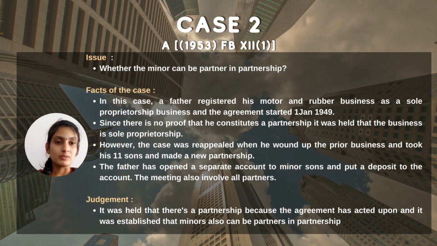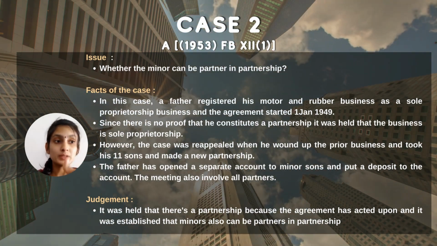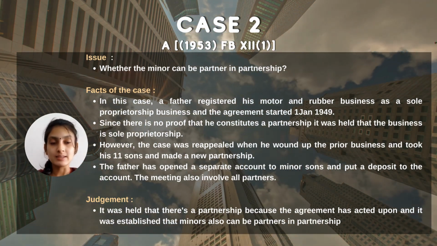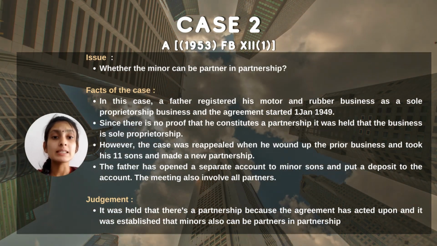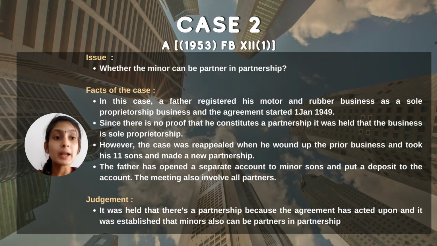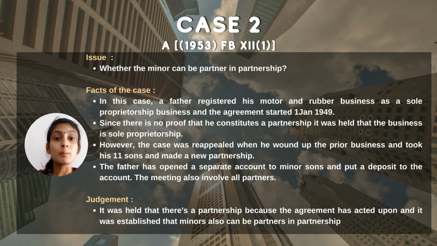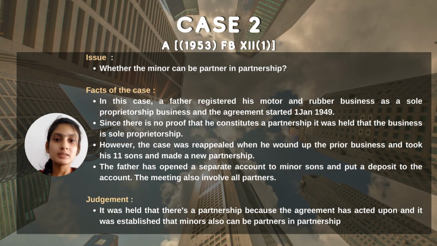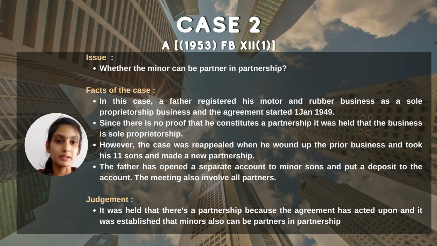But what happened after that is, the father wound up the prior business and took his 11 sons and made them into a new partnership. Okay, what he did is, the father opened a separate account for his minor sons and put a deposit into the account. And then as usual there is a meeting, and that meeting involves all the partners.